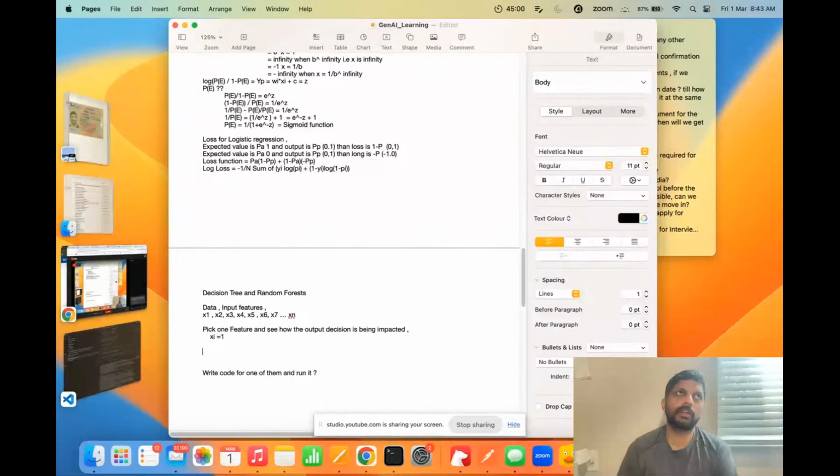Starting off from there, you calculate the entropy of the overall apples and oranges in the bag.